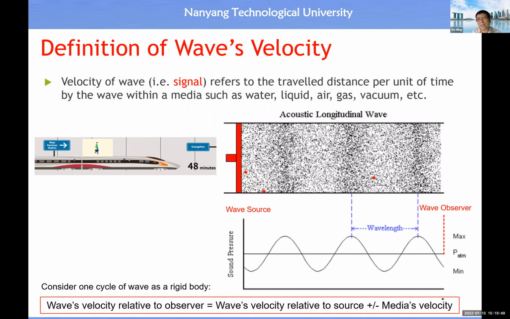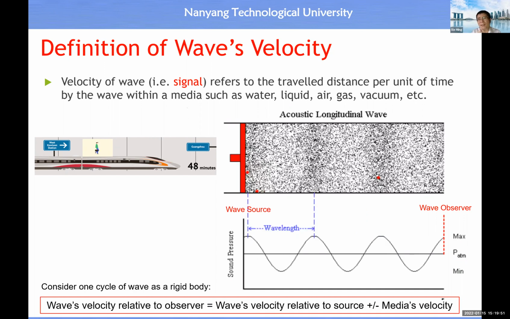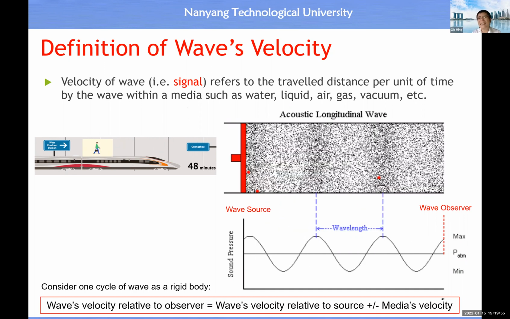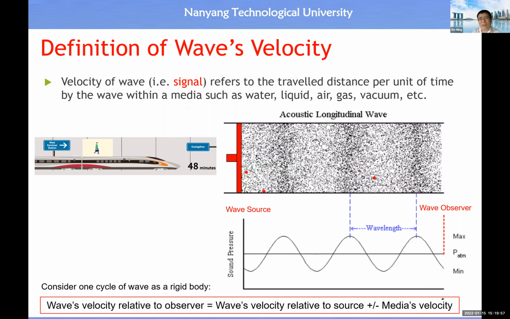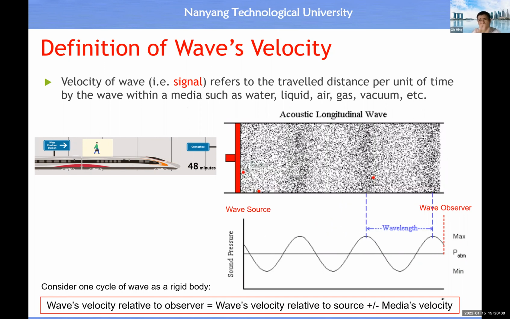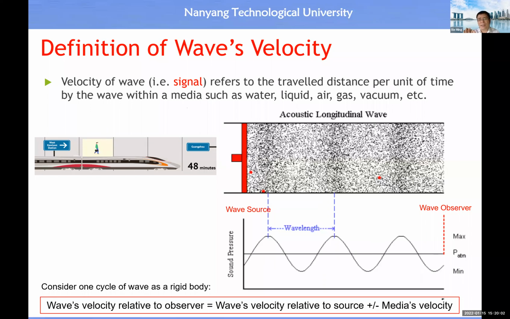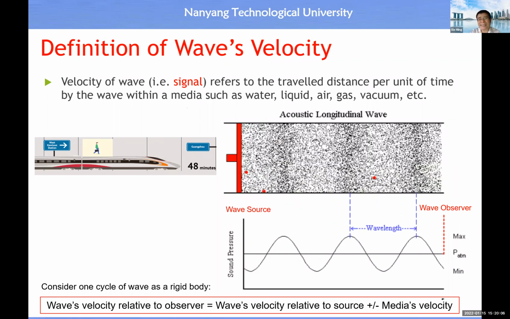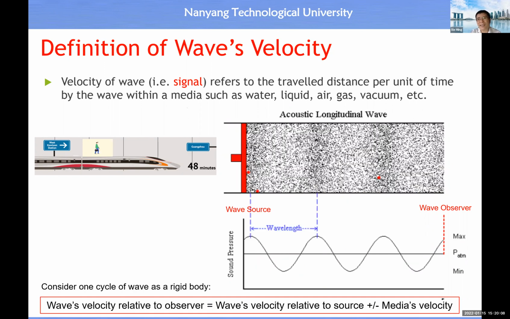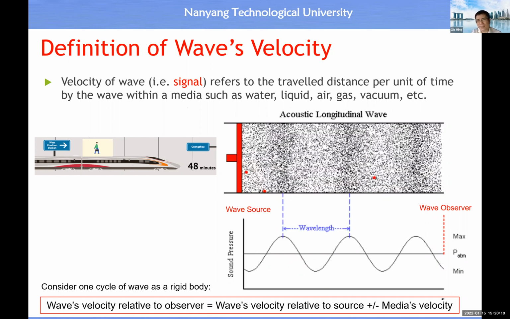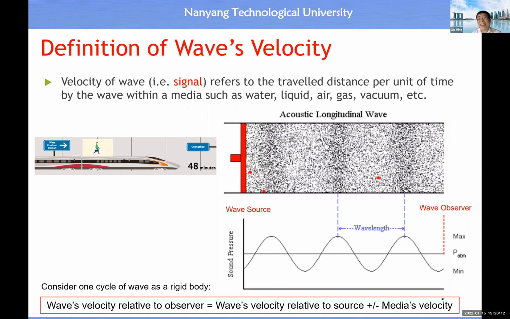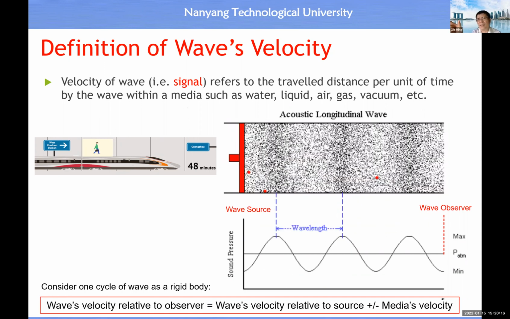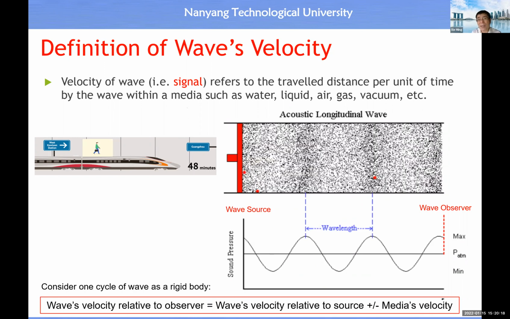If the space is a vacuum, there will be no pressure wave. However, light can travel inside a vacuum. When the medium has zero velocity, the travel distance, travel time and the sound wave speed are related by the equation V equals the travel distance divided by time.